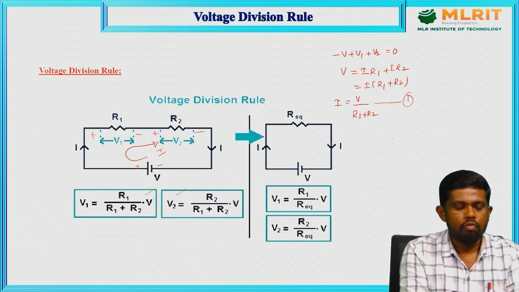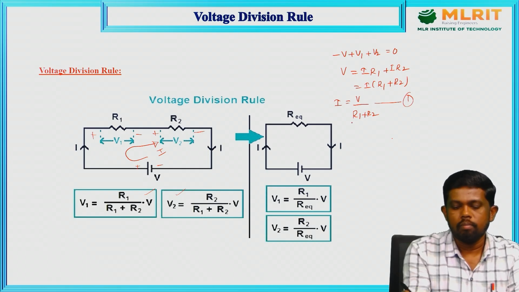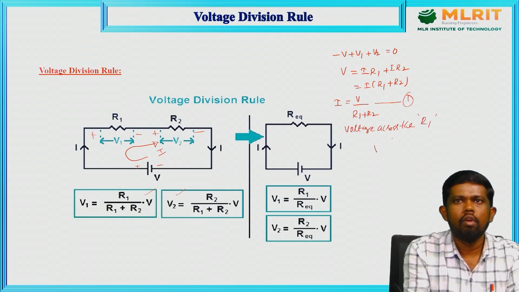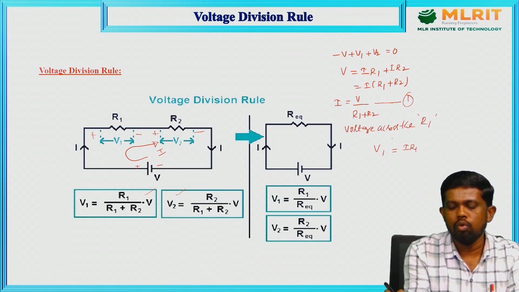Then we need to find the voltage across each resistor. First I take the first resistor. The voltage across R1, which we named V1, equals I into R1 according to Ohm's law.